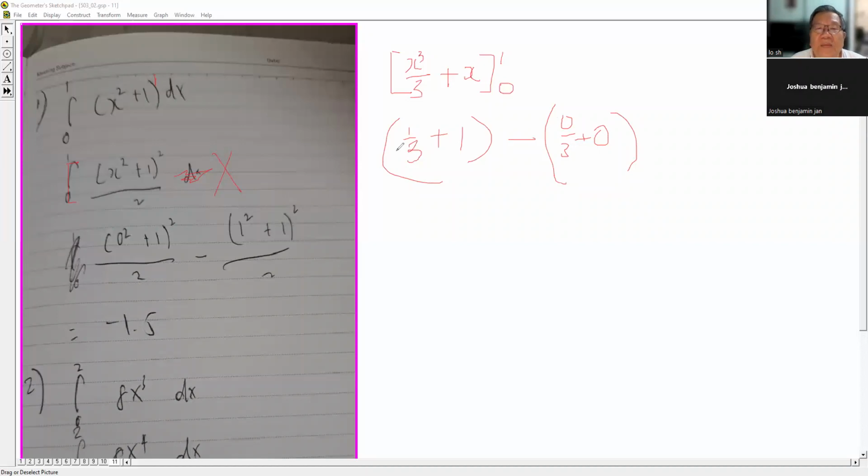So 1 plus 1/3 is 4/3. Answer is 4/3. So this is wrong. Okay. So far, any question? No. So this is very simple. You just integrate straight away. No need to use substitution. And there's also no tricks.